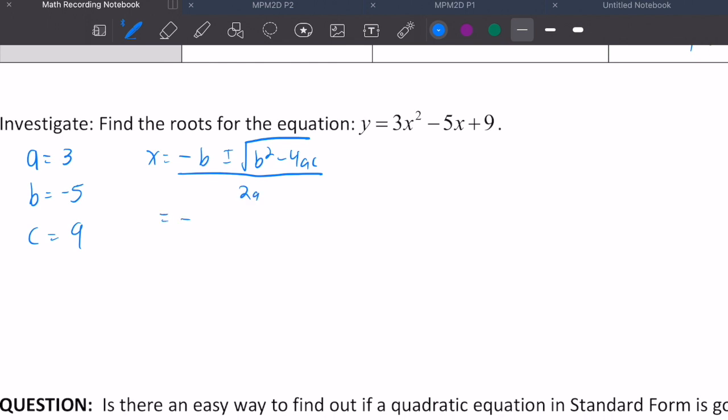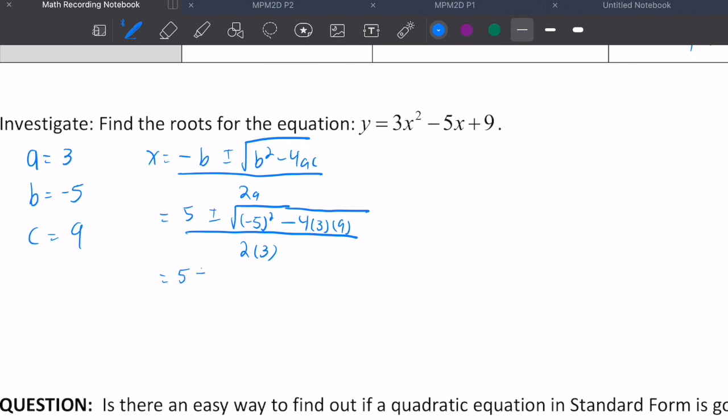Get negative 5 into the negative b spot. That's going to give us positive 5 plus minus square root of negative 5 squared minus 4 bracket 3 bracket 9 all over 2 bracket 3. Let's start bringing this information together.